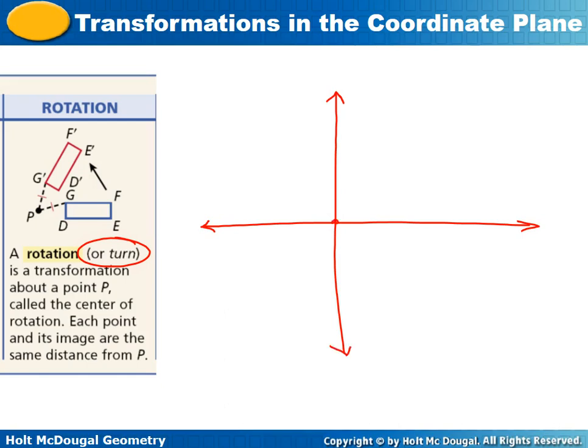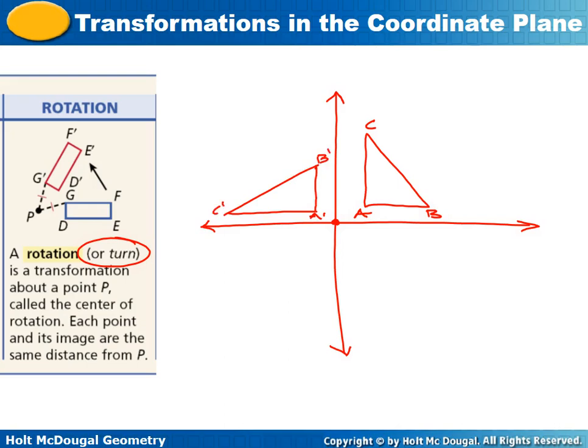So we're going to rotate around this point right here. Again, I'm going to draw us a triangle up here, and I'm going to call it ABC. And this time I'm going to rotate it 90 degrees to the left, with its center of rotation again being the origin. So when I do this, we're going to end up with A prime, B prime, and C prime.